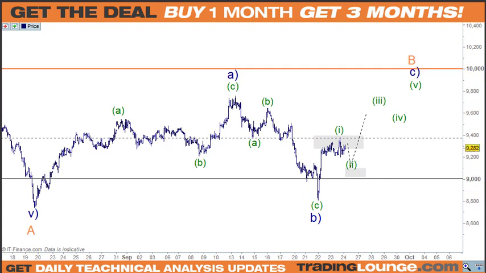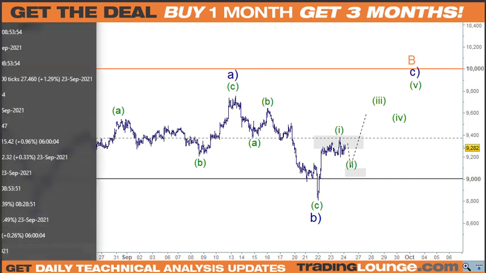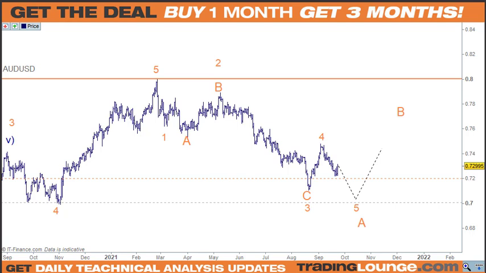Okay, so let's move on to the Aussie dollar, which is still not giving us any clarity because I don't have clarity on the US dollar index as well, but just to hash over what we've been hashing over.